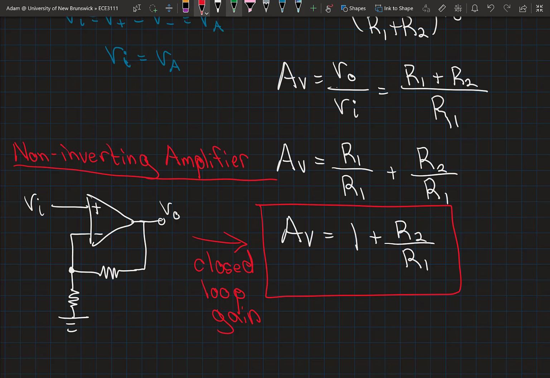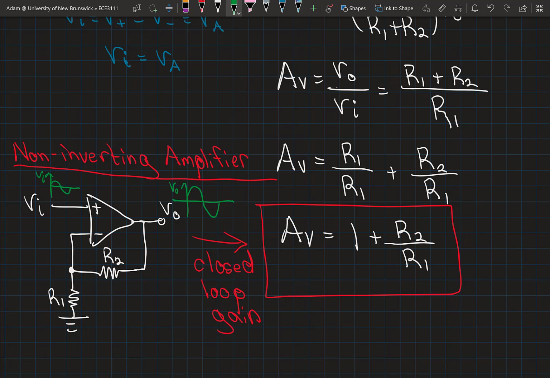So if I put in this small signal here and I observe what the output was, the output is going to be bigger if it's amplified. It's going to be bigger as a function of that resistor ratio. I should label my resistors here, R2 and R1.